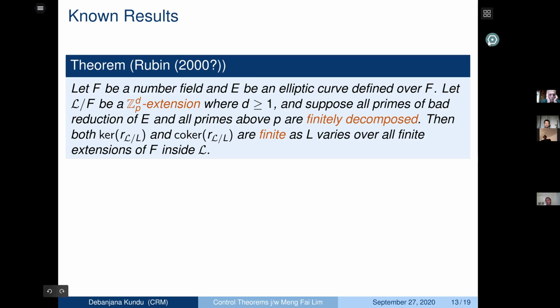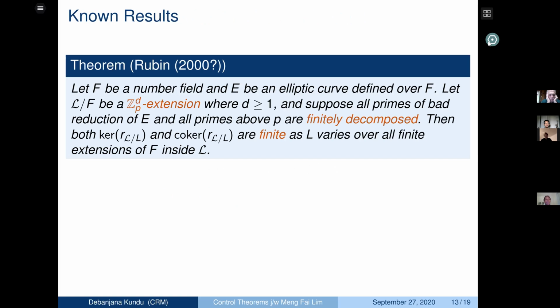What were the results known in this direction? In Rubin's Euler systems, that orange book, which was published in 2000 — I've put 2000 with a question mark because I don't know if this result was published anywhere else — he was able to prove some results in the direction of a control theorem for fine Selmer groups.